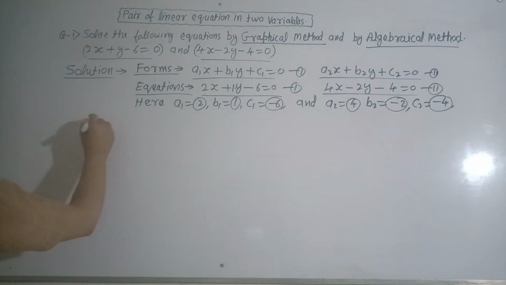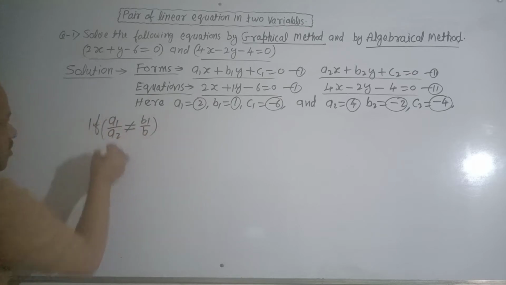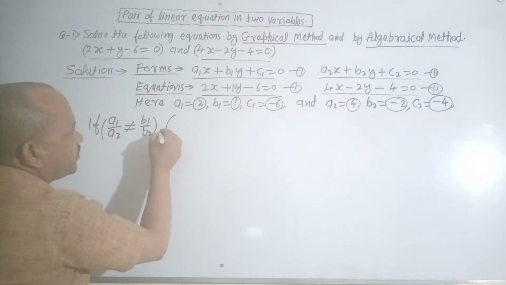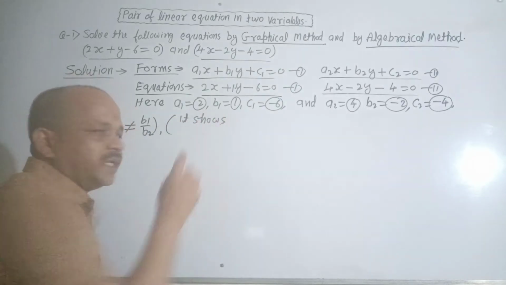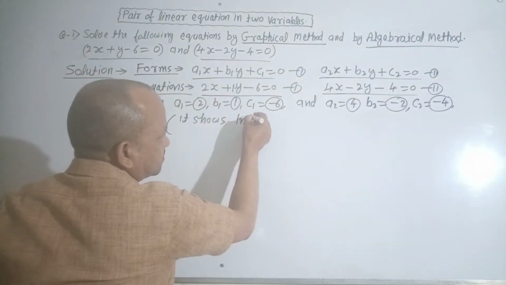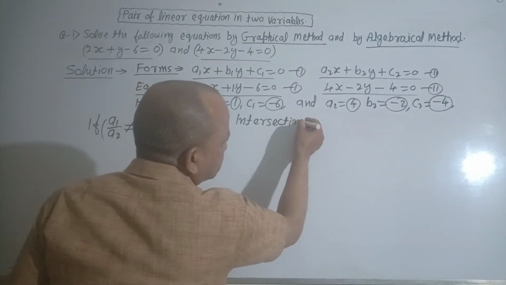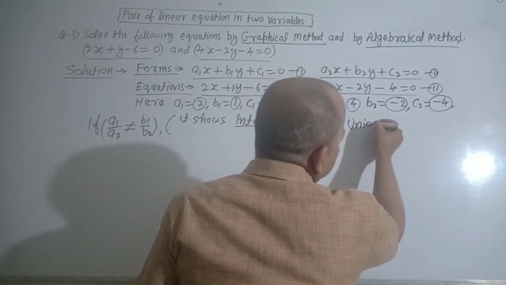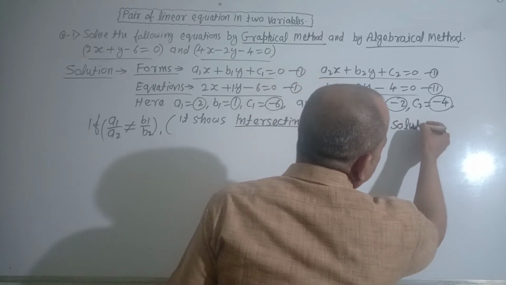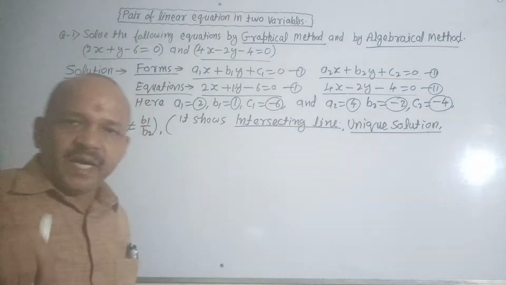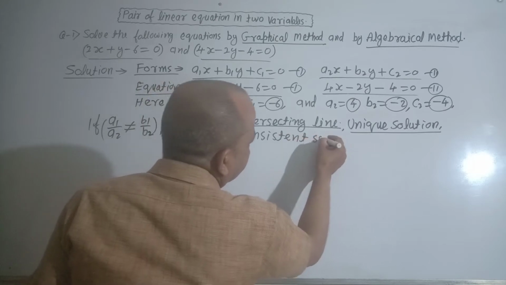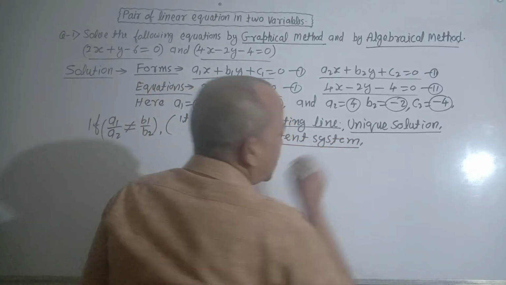If a1 by a2 not equal b1 by b2, then it shows intersecting lines, unique solution and consistent system.